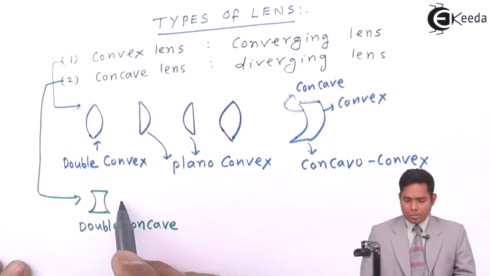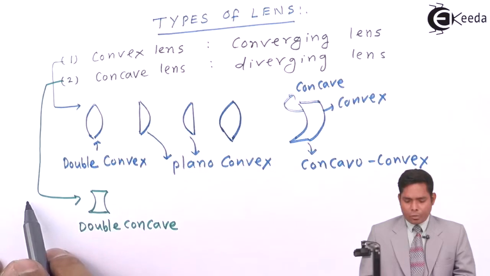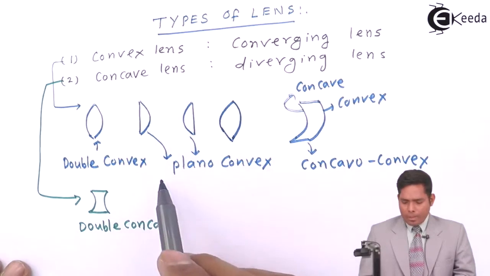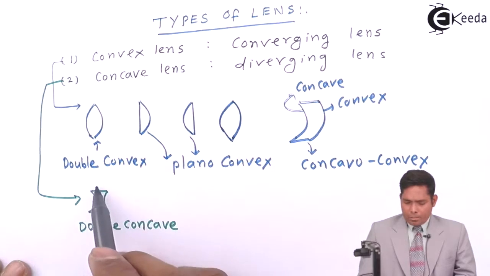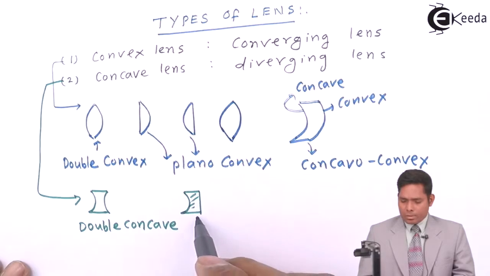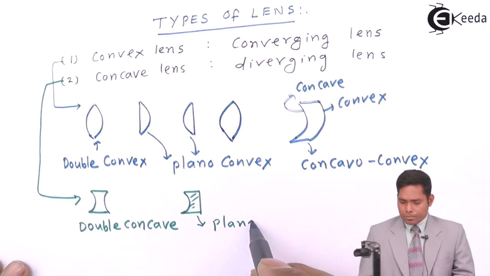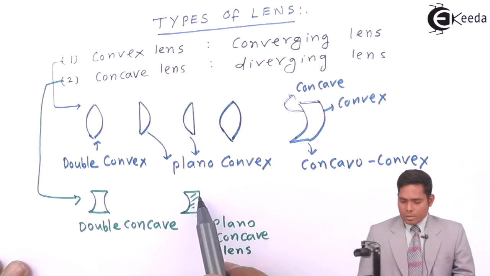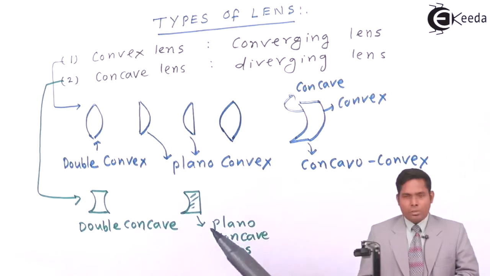Both sides are concave. Light comes from here, and this is a concave side. If light falls from this side, this also behaves like a concave side. It's a cave over here. So it is a double concave lens. Similarly, if I cut it straight from the middle, then I have a situation like this. This is a plano concave lens. If I keep this side towards left or towards right, it means the same thing.